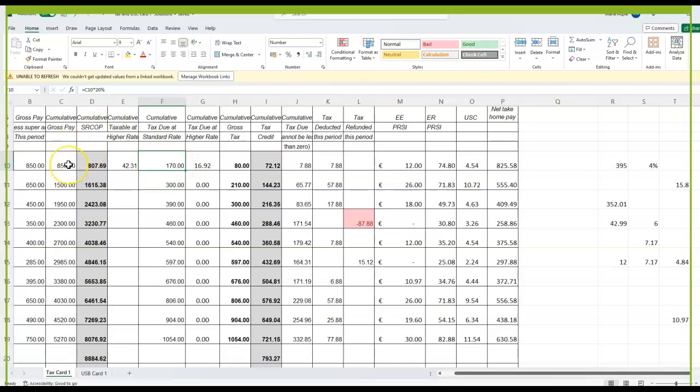Because the gross pay is higher than the standard rate cutoff point, remember, we are applying income to 850, but a portion of it is going to be at 40%. So it's always up to this point that we apply the 20% ruling. Okay, so it's up to this point, multiplied by 20%, and that will give me the total tax.